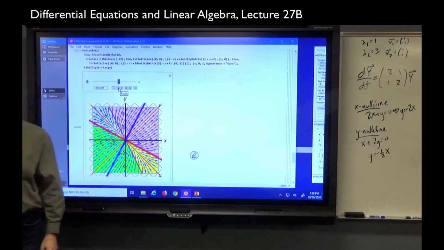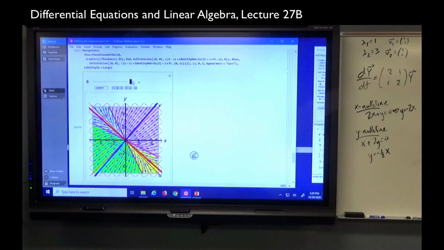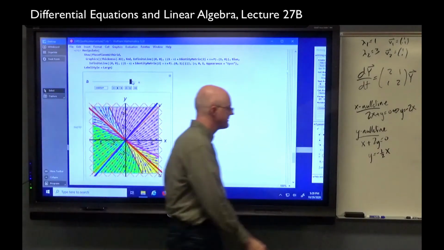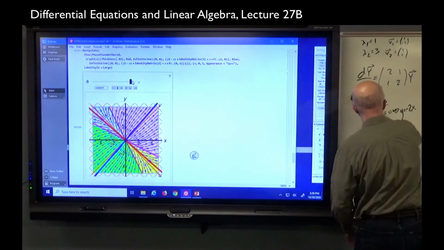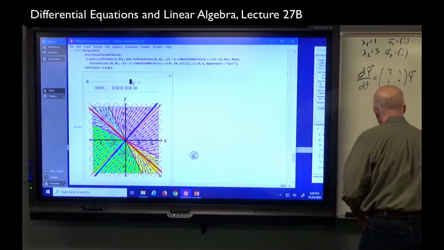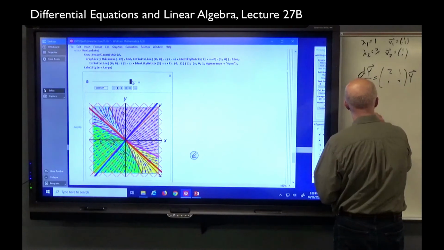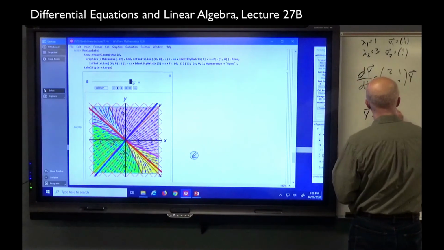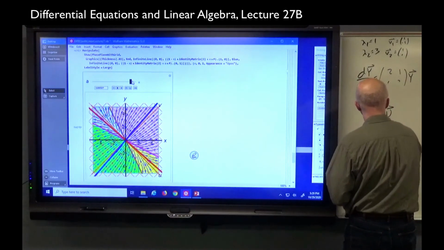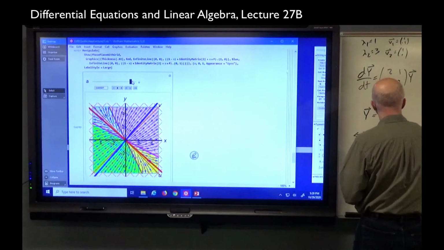However, this way of visualizing it is extra tricky, so to speak, because the change of variables, remember, is y equals p times u, which is equivalent to u equals p inverse times y.